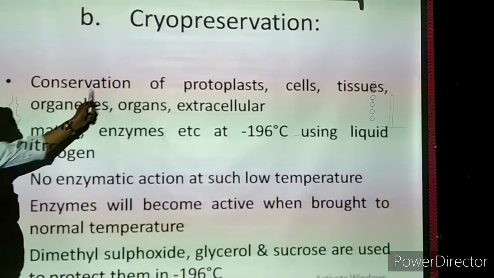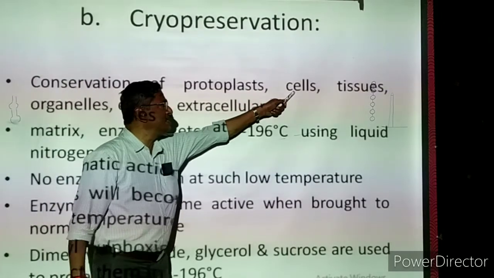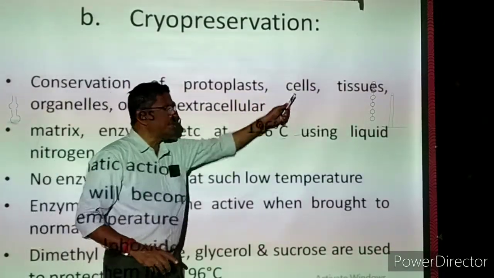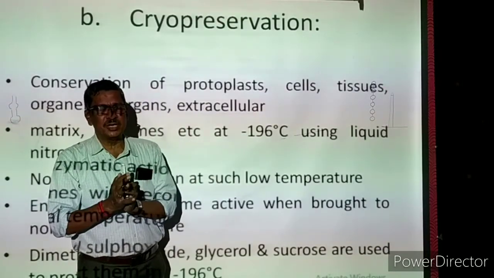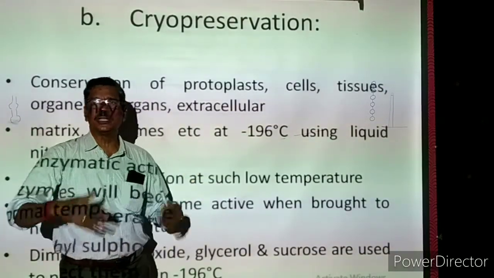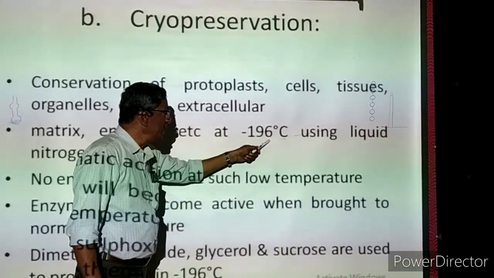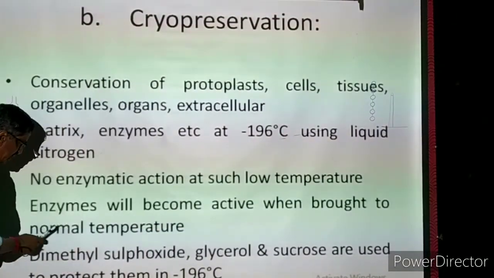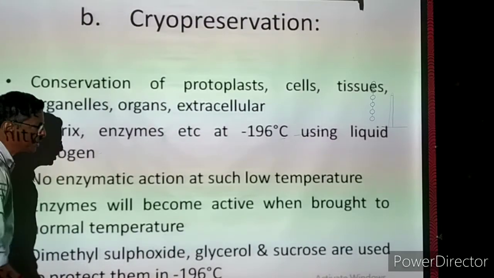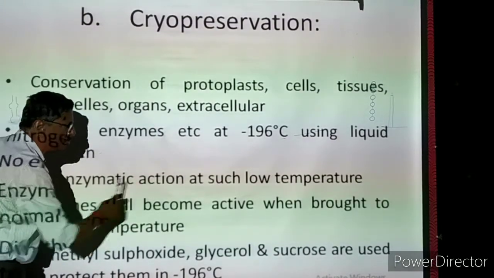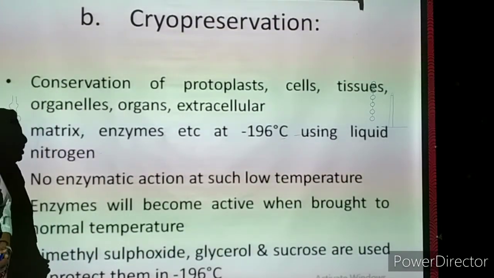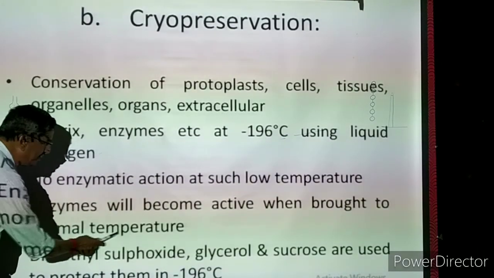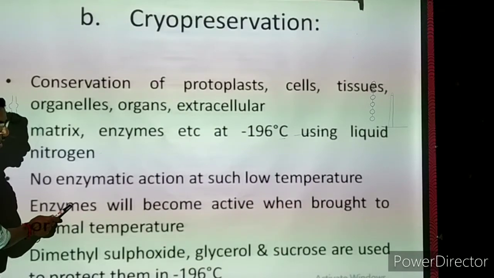Now we are keeping all the things. For example, we are taking cells. The cells are stored at minus 196 degrees C. No action. The cells are kept in the same condition for a long period of time, maybe 6 months or 1 year. After 1 year, we take the cells from minus 196 and gradually increase the temperature. So the temperature becomes normal, our surrounding temperature, maybe 30, 35, 40 degrees C. Once the temperature becomes normal, enzyme action will be there.